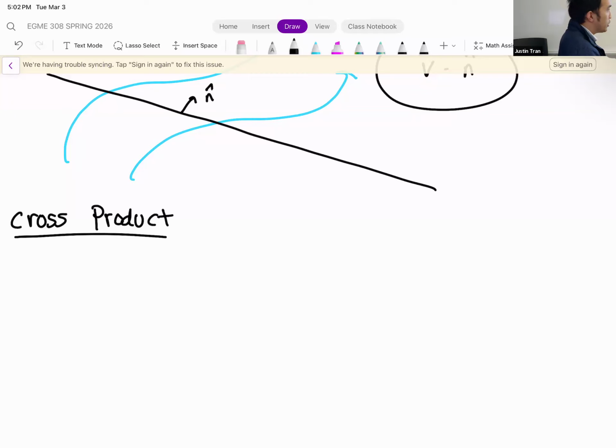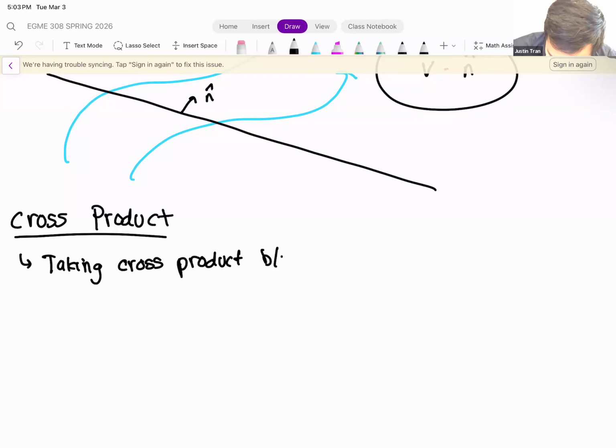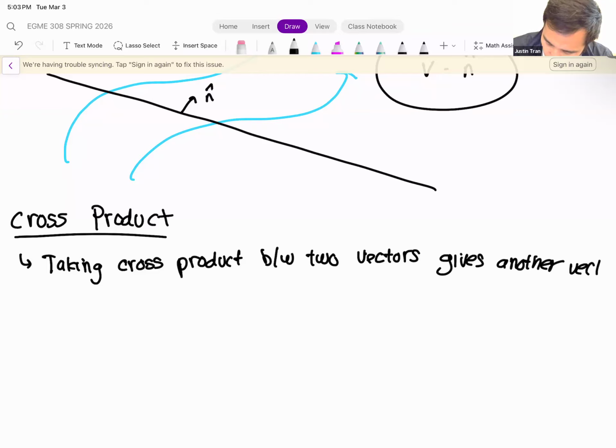The cross product is an operation you can do between two vectors that gives you another vector. This third vector that comes out is unique in the sense that it is guaranteed to be perpendicular to both of the input vectors.